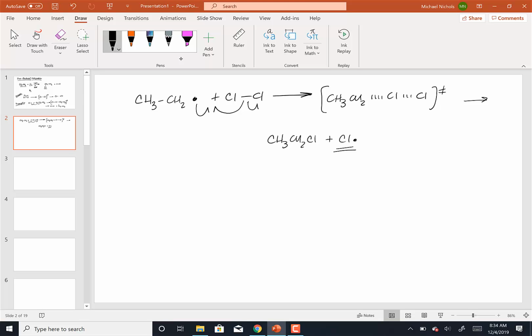So this process will just continue until one of two things: we either run out of material, or two unpaired electron species come together, which in this mechanism I'm going to explicitly show. Right, so these are the first three steps of the mechanism.